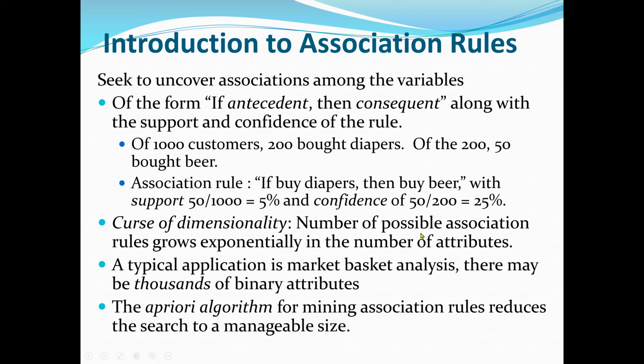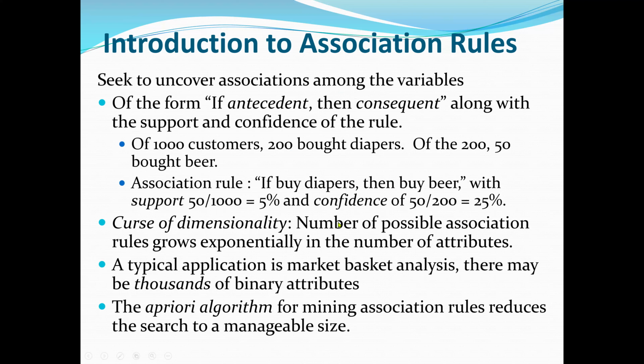So here we say the number of possible association rules grows exponentially when the attributes, or in this case the items, are so many. Here we have only 2 items, diapers and beer. But if we have more than 2 items, the rules will be so many.